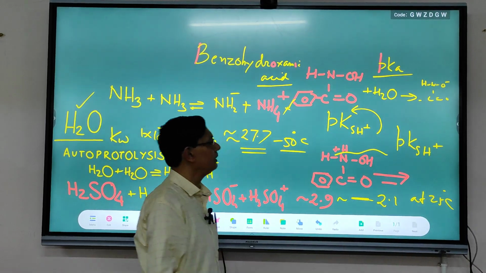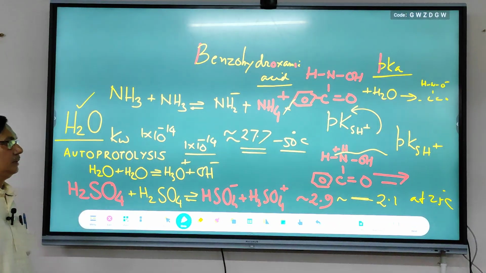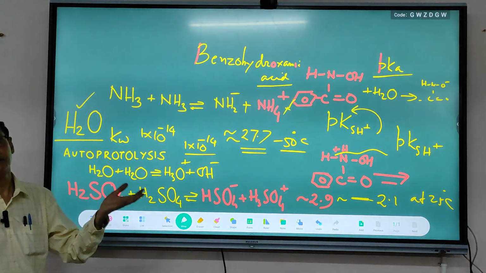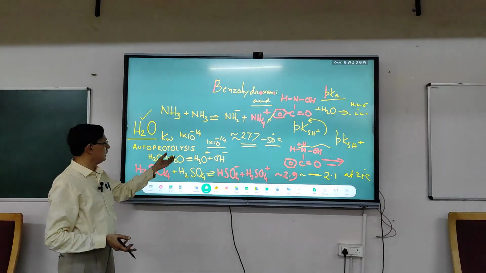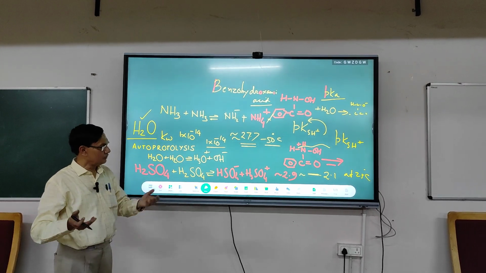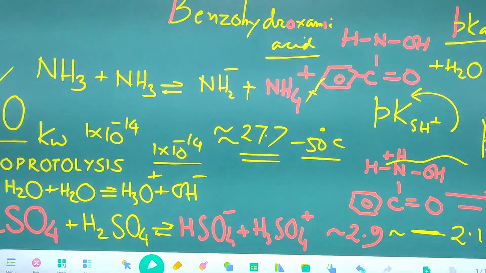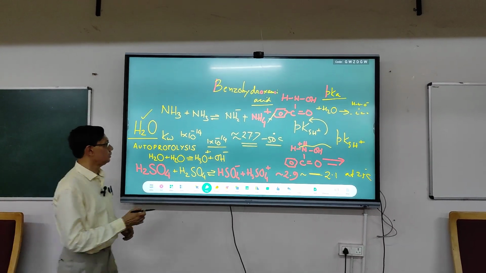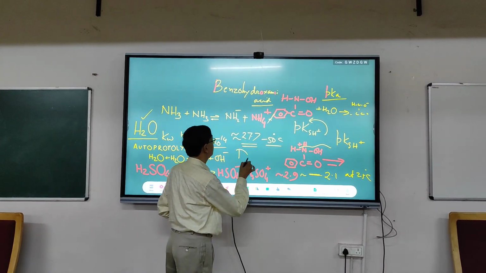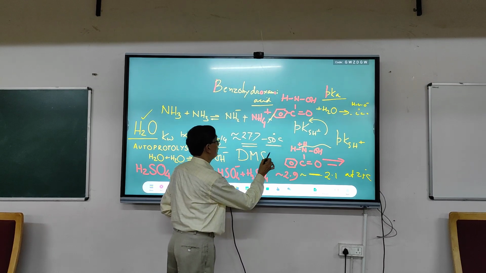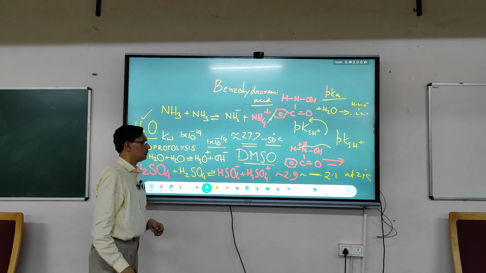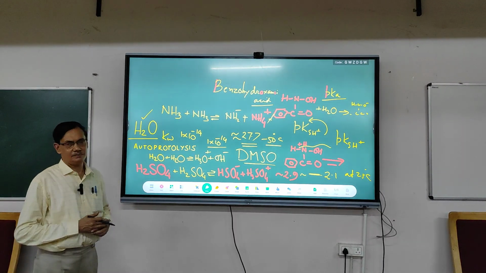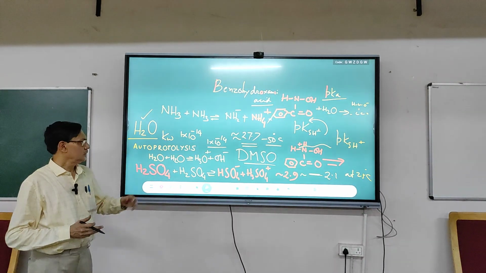So it is a very interesting subject, whether we should use pKa or pKSH, and the techniques are different. Similarly, when we perform some experiment in M.Sc final year regarding some reaction mechanism, sometimes we have used dimethyl sulfoxide, DMSO, because it is a very protic solvent and inert solvent, and the autoprotolysis constant is very high, I think 33, like that.